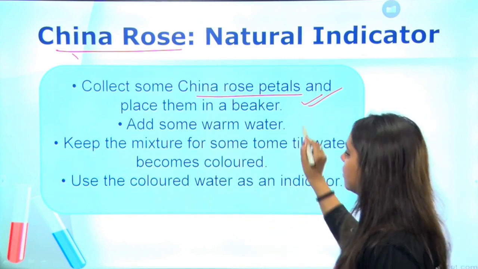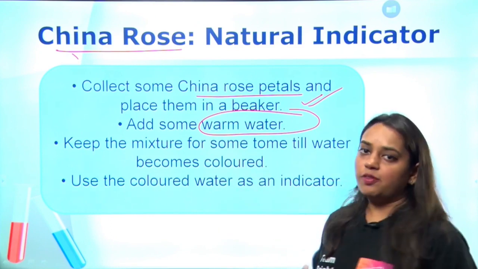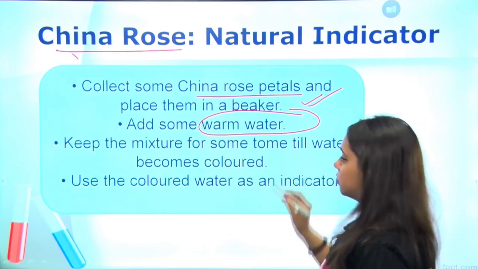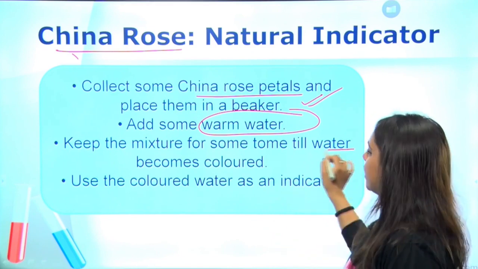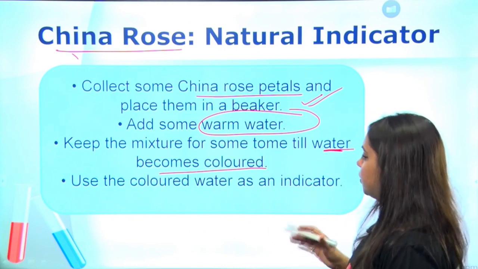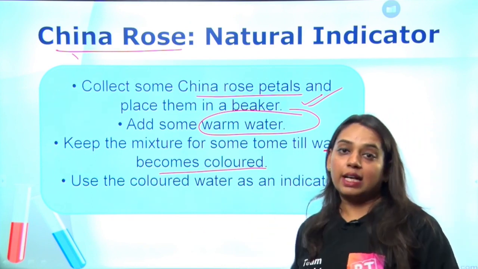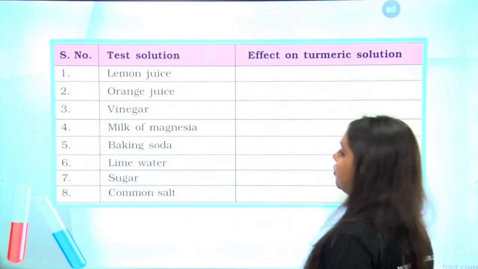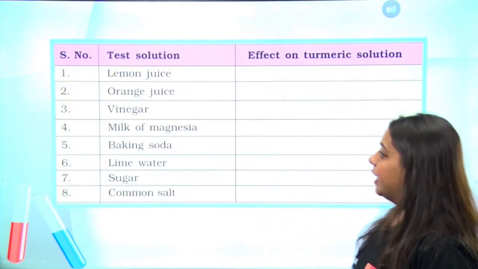Now you will add some warm water to it and let the mixture stand for some time till the water becomes colored. The water will acquire color and you will use this colored water as an indicator.